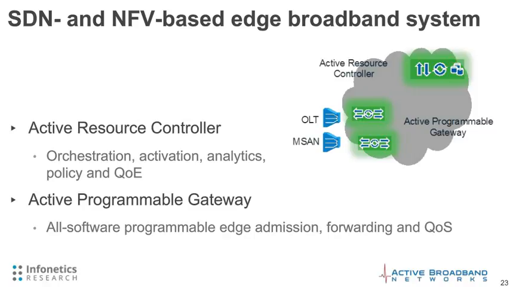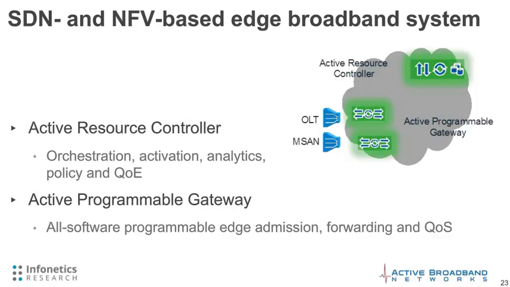What we've refactored into this platform is broadband edge orchestration, the process of activation, and once customers are active, we also brought in the ability to do analytics on customers' individual service usage from an IP flow perspective, and then apply policy actions and automated quality of experience associated with the controller.